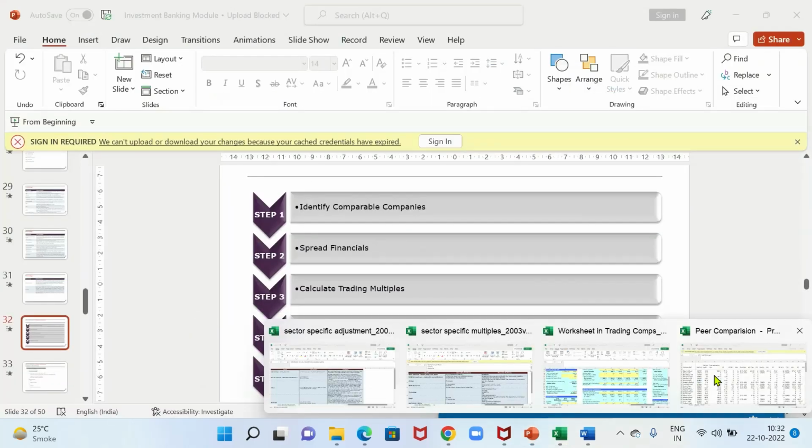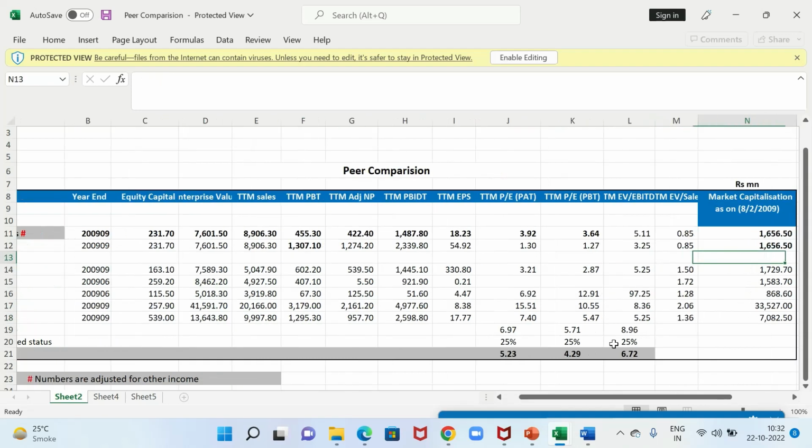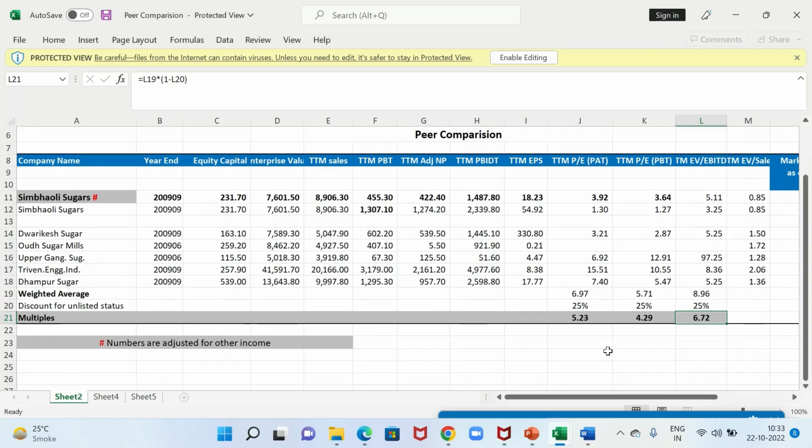Once we spread those numbers, we'll come up with the multiples. What is the trailing 12 months PE, EV by EBITDA, and basis that, how is our company trading. Suppose it's a private company and we have to use a ballpark figure to calculate the valuation.